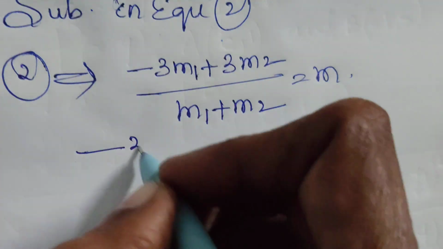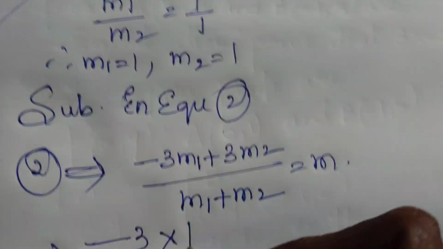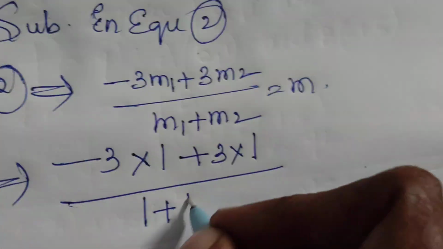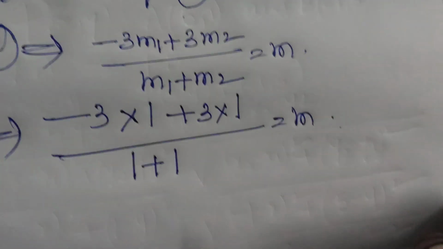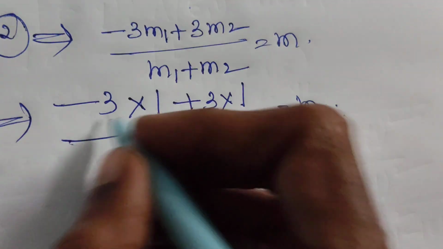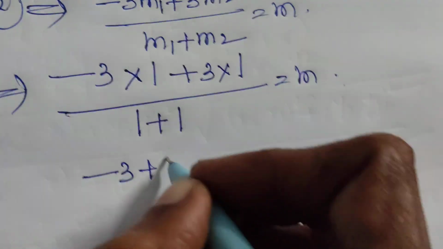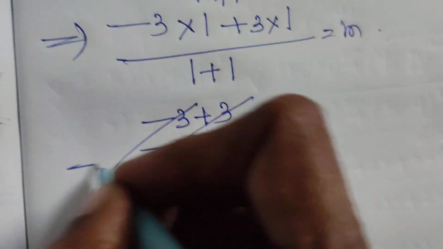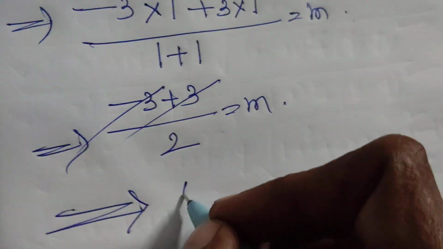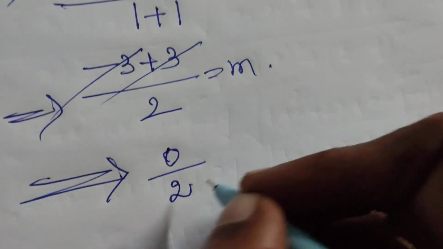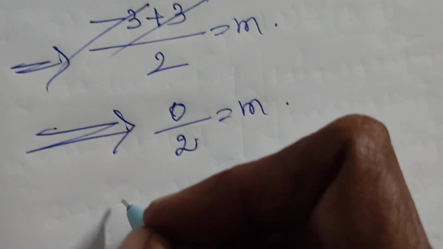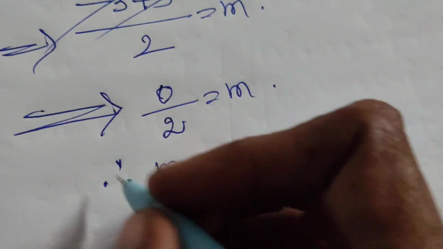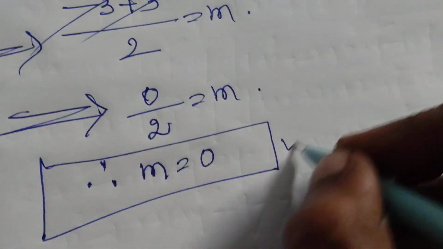Now minus 3 into m1, which is 1, plus 3 into m2, which is 1, by 1 plus 1 equals m. So (minus 3 + 3) by 2 equals m; minus 3 plus 3 gets cancelled, which implies 0 by 2 equals m. Zero divided by anything is always 0. Therefore, m equals 0.